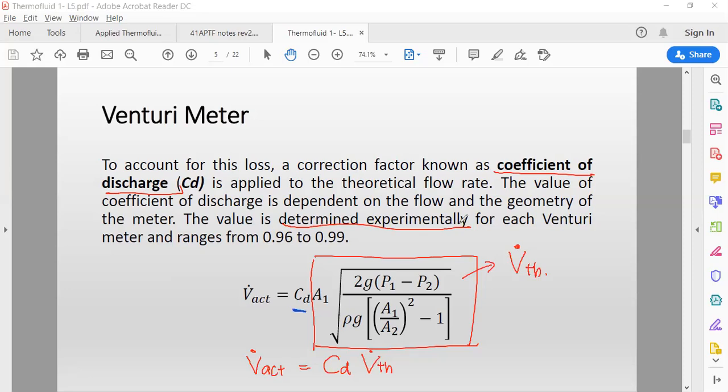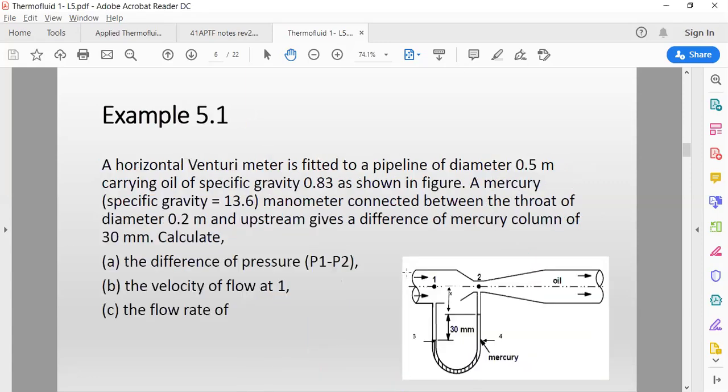Then you will have a better understanding of what we are actually trying to achieve here. But the bottom line is that the actual value will be a multiple of CD times the theoretical value. So it's that simple. It's only one equation only.